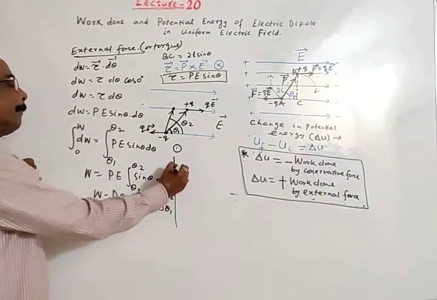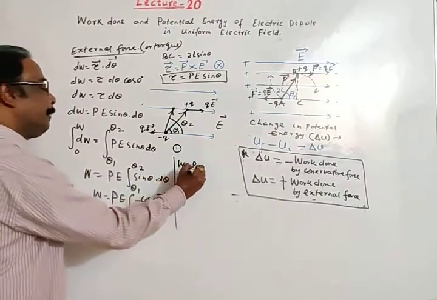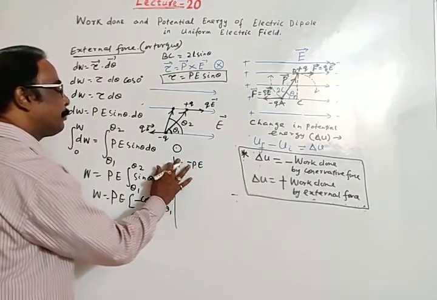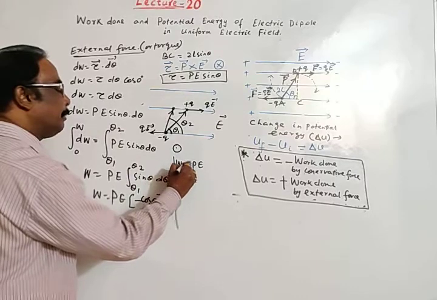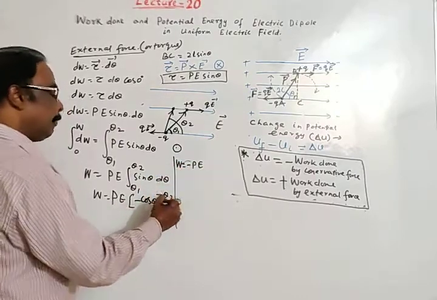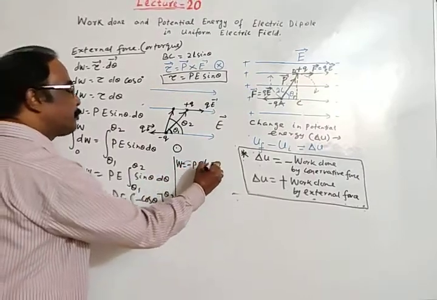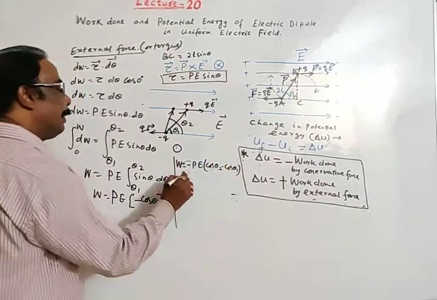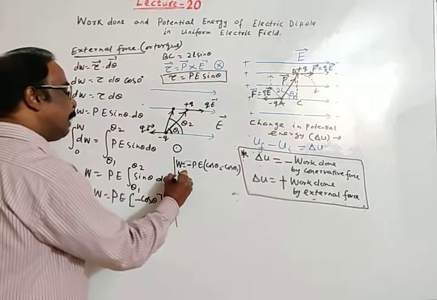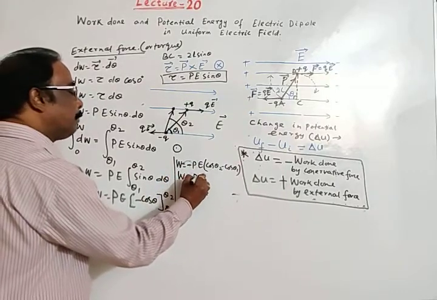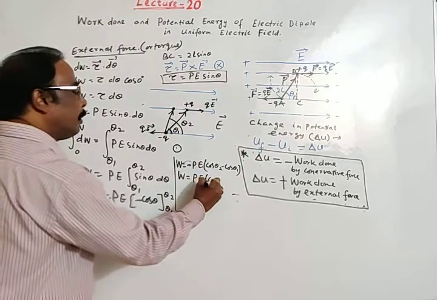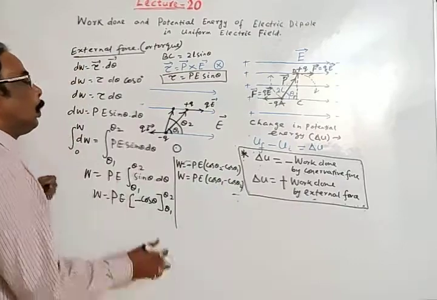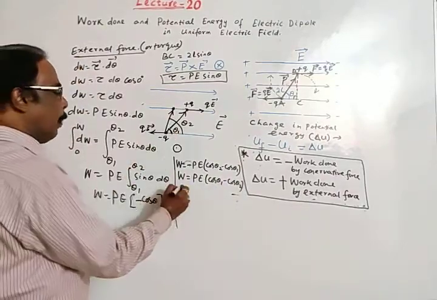Bring the negative sign outside: work is equal to minus p E, then put the respective limits, cos theta 2 minus cos theta 1. So this is the work done, and finally we may write work is equal to p E times cos theta 1 minus cos theta 2.